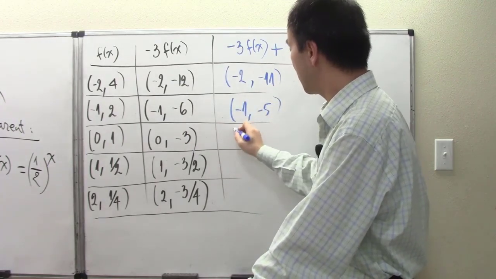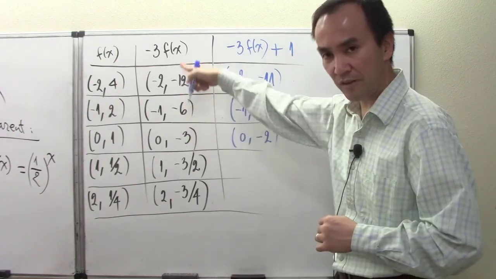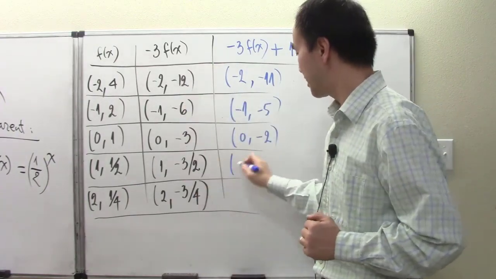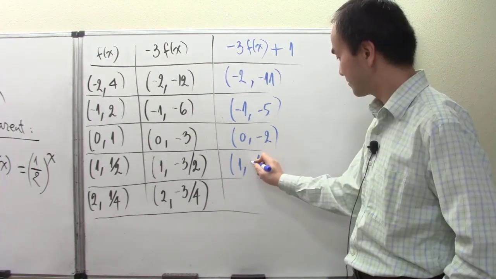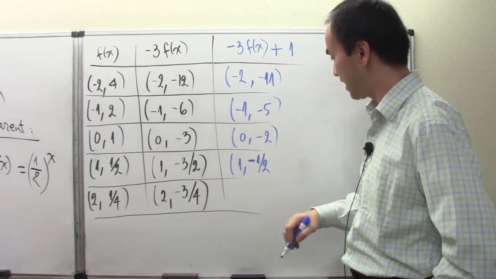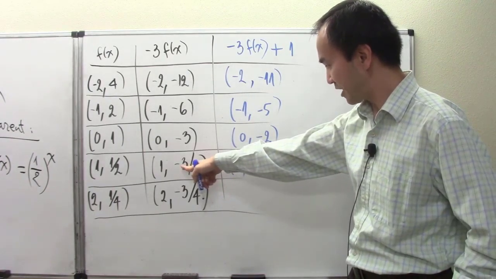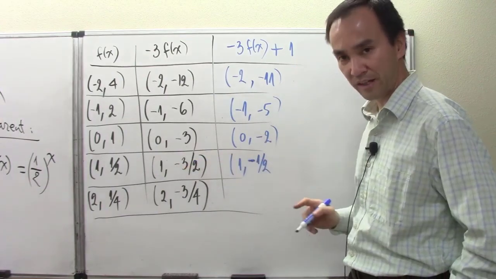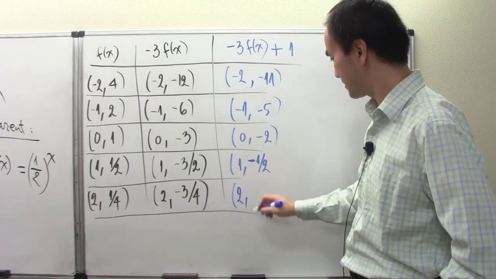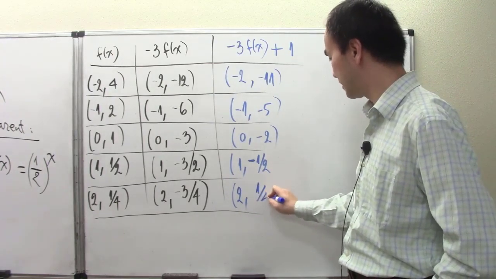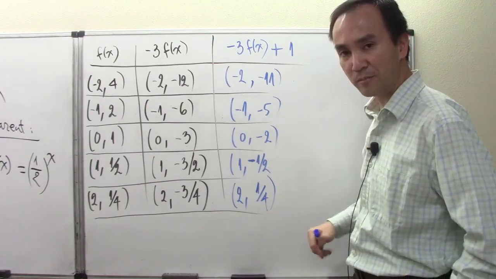The next point becomes (0, -2), because I'm adding 1 to every y value. Okay, and then the next point here is (1, -1/2), because -3/2 plus 1 like that. Okay, and then now we have 2, and this is a positive 1/4. All right, so these are the final transformed points right there.